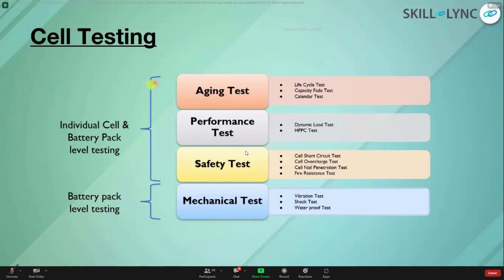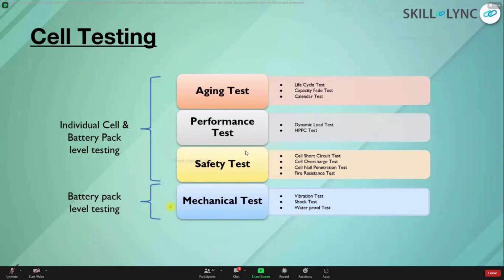As you can see here on the left-hand side, I've given a good selection where you can see which tests are used for individual cells and which for battery pack level testing. As you can see here, aging test, performance test, and safety tests are done for both individual cell level testing and battery pack level testing.